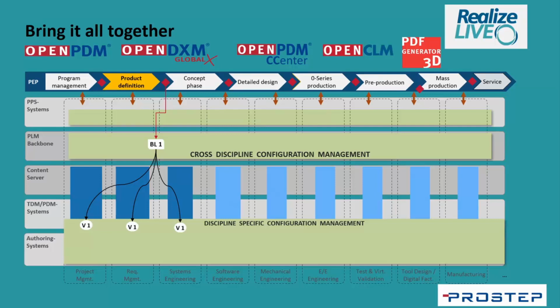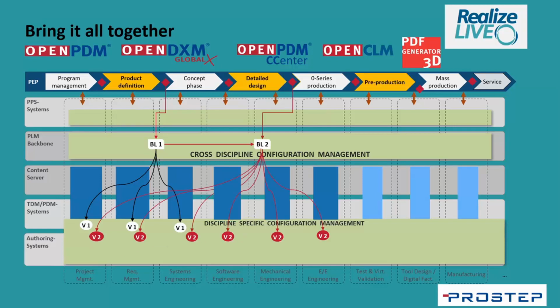So you want to take a baseline just before you get into your conceptual phase, because you want to understand what you had at that time as you move forward. Maybe after your detailed design phase, you want to take another snapshot. But now there's more information.